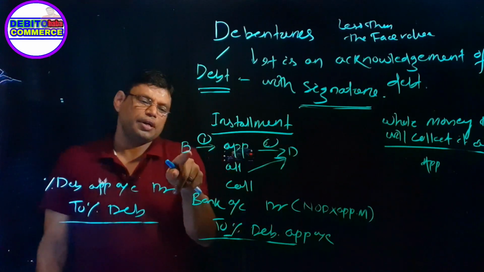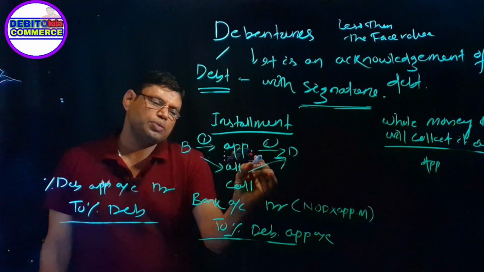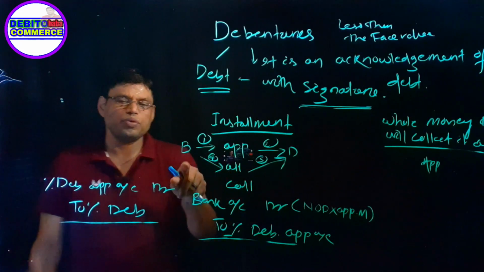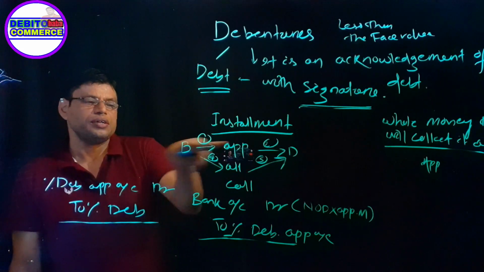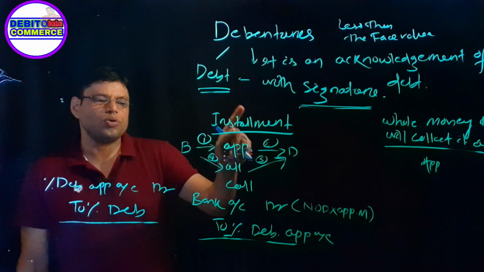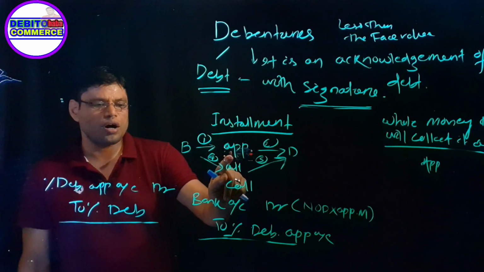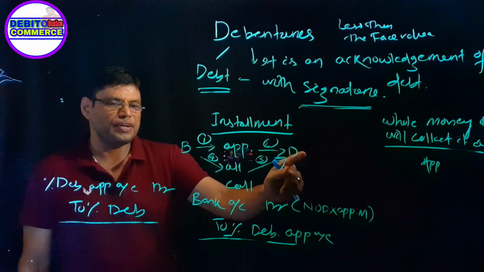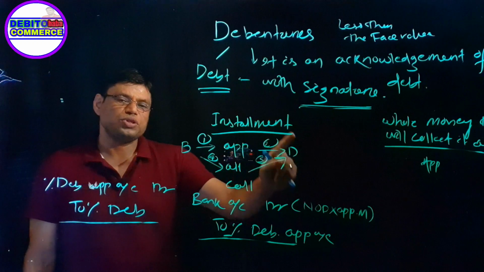Now the receiving entry will be bank account debited to dash percent debentures allotment account. See very carefully, the journal entry is very easy. You see these arrow marks, right, pointing outward. So bank account debited to application account, bank account debited to dash percent debenture application account. Next is dash percent debenture application account debited to dash percent debenture. Next is dash percent debenture allotment account debited to dash percent debenture.